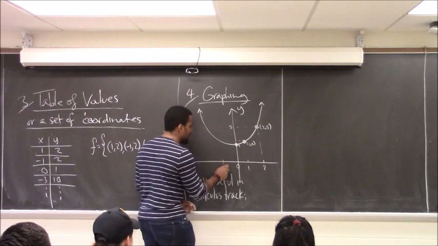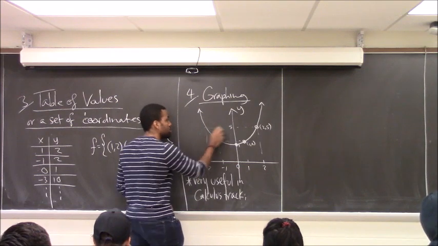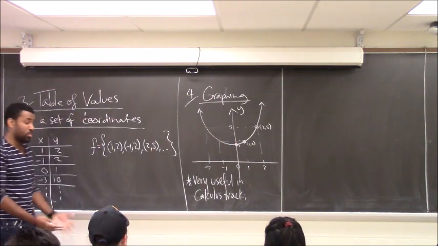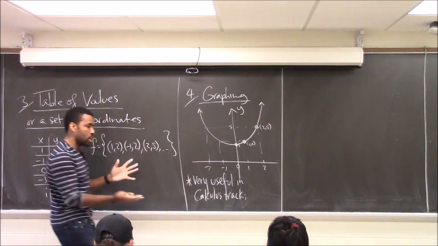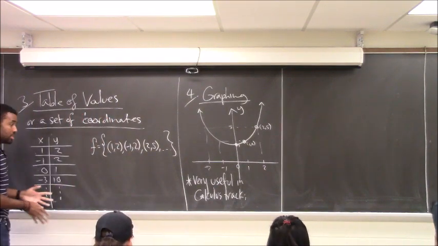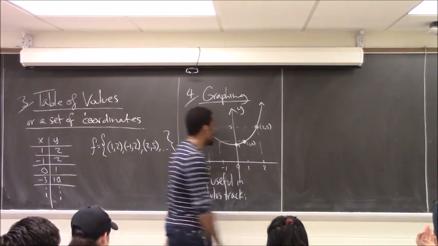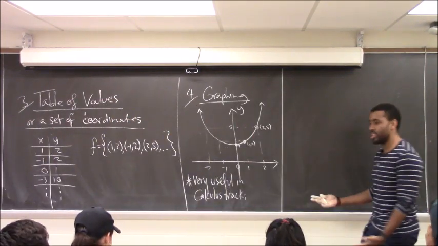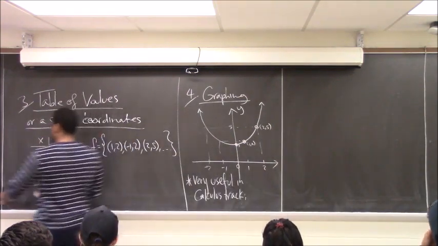I would notice that negative 1 is doing the same thing as positive 1. Negative 2 is doing the same thing as positive 2, and etc. Such a function is called even. This is called an even function. So you can actually look at the picture and talk about the behavior of the function. And like I said, being able to talk about something is insanely useful. A picture is worth 1,000 words, and the words are everything. Words are worth everything. Okay.